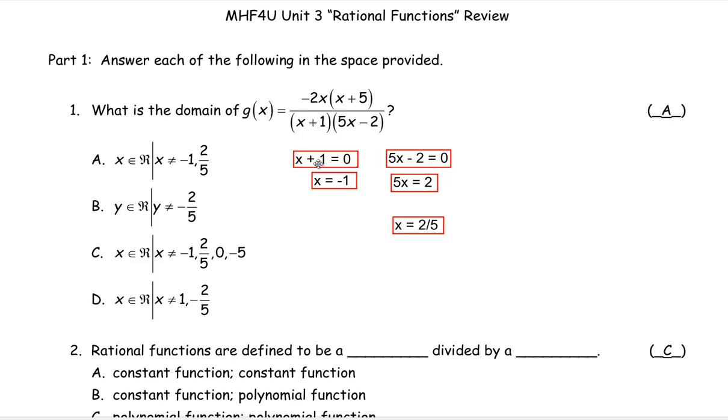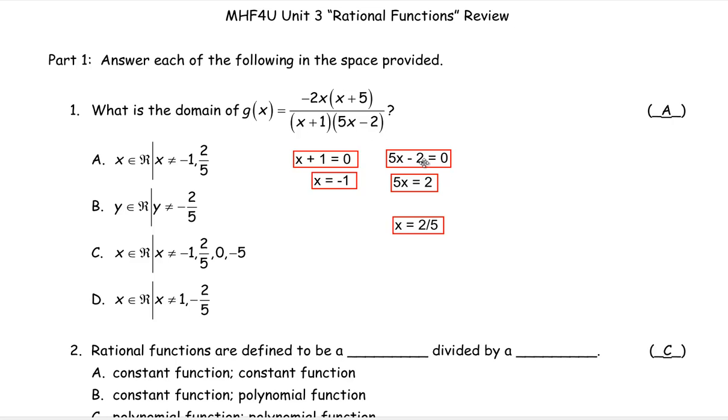And so I set x plus 1 equal to 0 and subtract 1 from both sides, so I get x equals negative 1. So negative 1 is a value that would make that denominator factor 0, so hence the function would be undefined. Because if the denominator has a value of 0, 0 times anything else would be 0. If you're dividing by 0, then you can't do that. It's not defined.